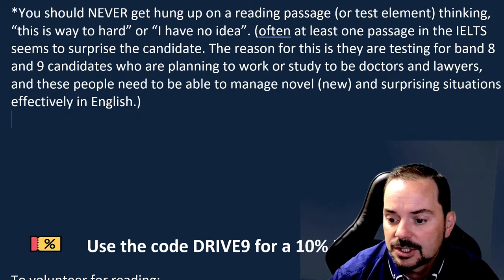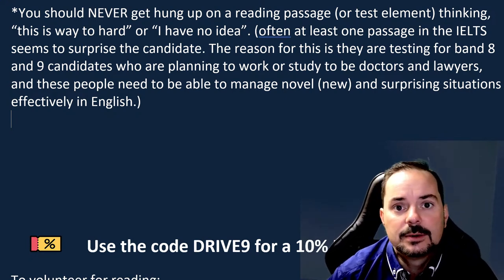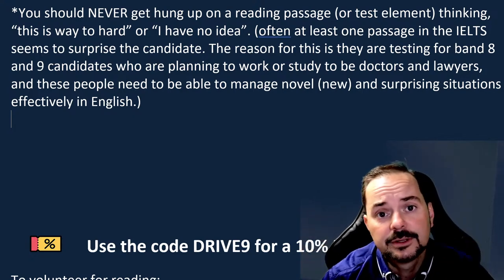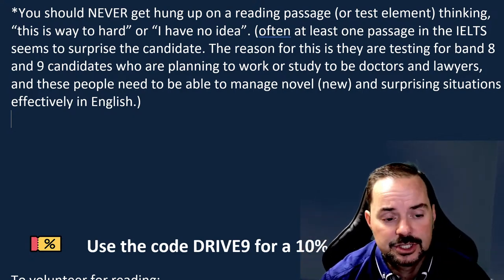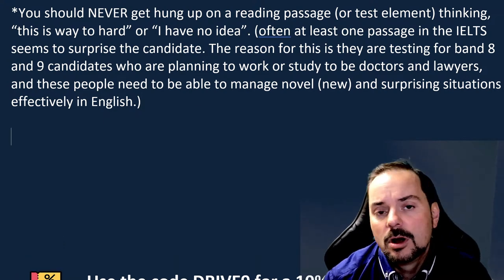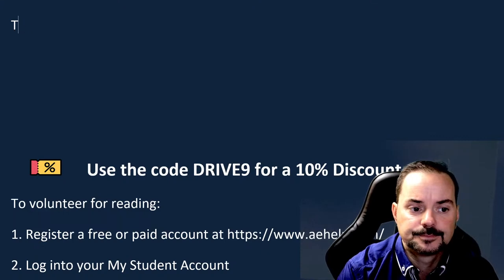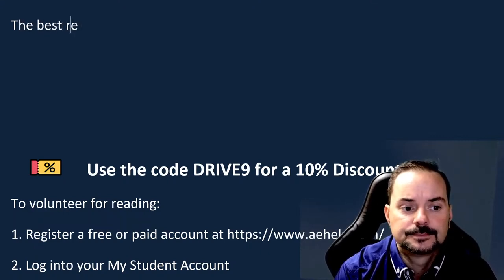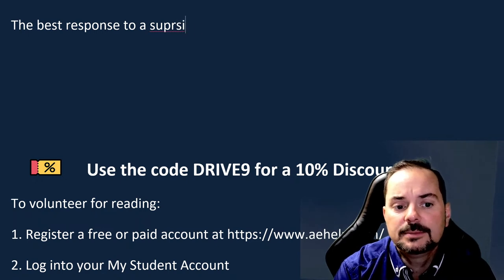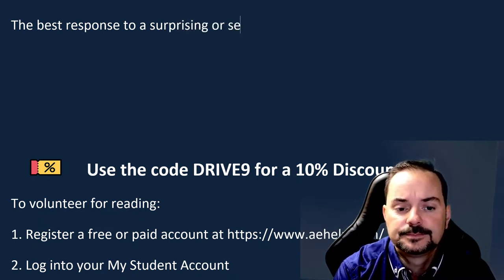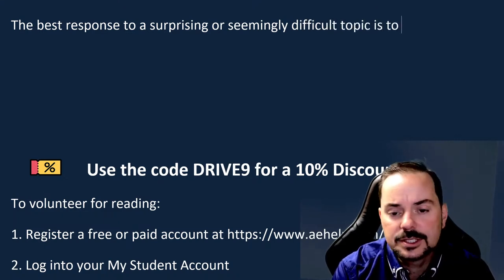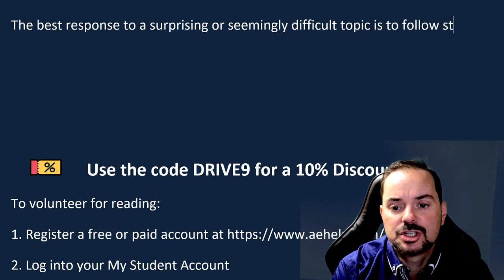Does it make sense why they would have that one surprising passage? Like, oh, here's a topic that you might not be familiar with, and let's see how you deal with it in English, right? So the best response, okay, to a surprising or seemingly difficult topic is to follow strategy.